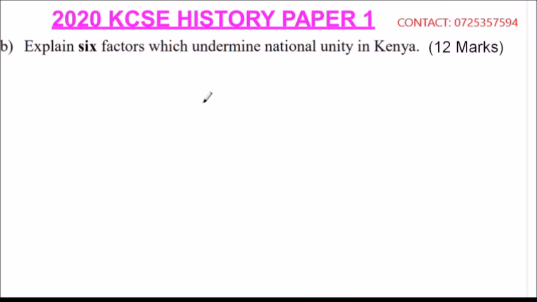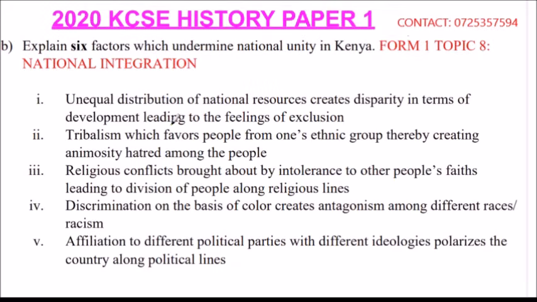We have part B: explain 6 factors which undermine national unity in Kenya. One of them is unequal distribution of resources, which creates disparity in terms of development, leading to feelings of exclusion. So unequal distribution of national resources, or what we call the national cake.